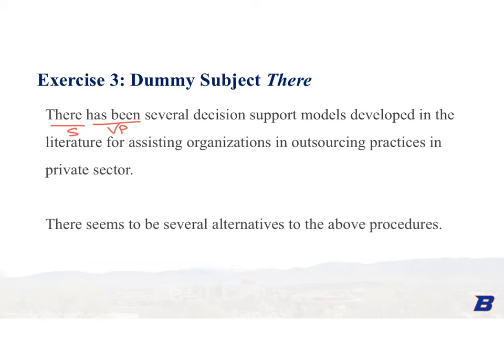And then "several decision support models." This is kind of tricky because it's a long noun phrase with lots of adjectives. So "several," and then "decision support models" is a compound noun. It's easy to get confused about whether it's singular or plural. But "models" is the head: "decision support models" is the entire unit, and it's plural.